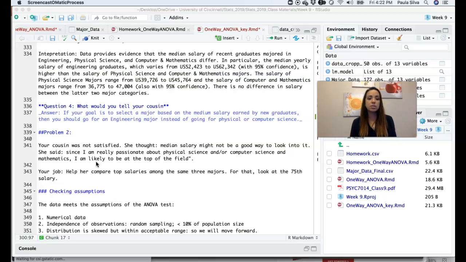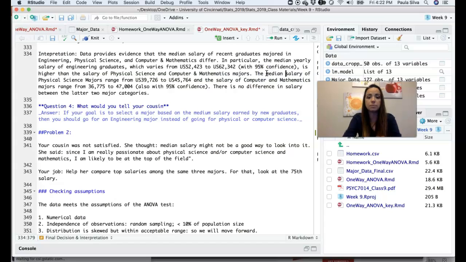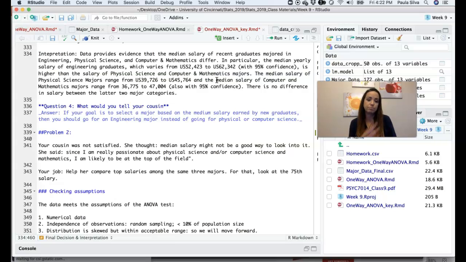The salary of physical science majors ranges from 39,000 to 45,764. We should say the median salary, right? Because it's the 50th percentile that we're dealing with. And the median salary of computer and mathematics majors ranges from 36,775 to 47,004, also with 95% confidence. There is no difference in salary between the latter two categories.